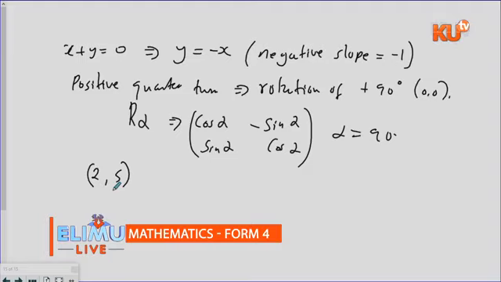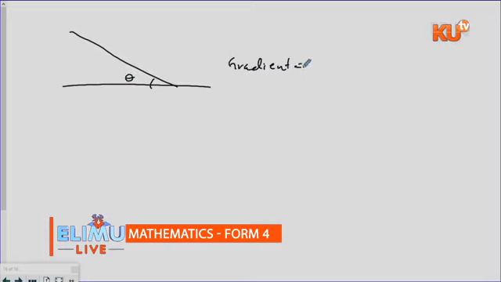You should remember that the angle of rotation, the angle made by the line with the x-axis: if this is the angle theta, then the gradient is always equal to tan of the angle theta. The tan of the angle the line makes with the x-axis should be equal to the gradient.